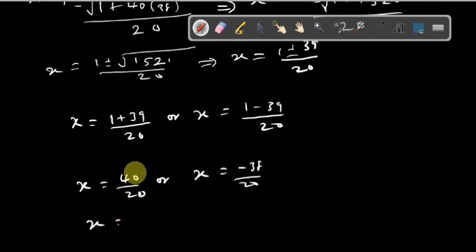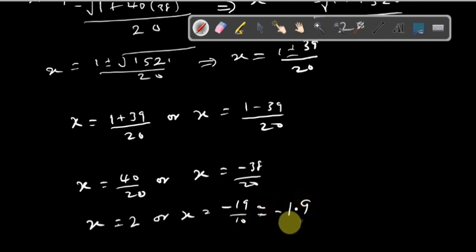So x is equal to, when you divide this, 2, or x is equal to, when you divide this through, minus 19 over 10, or you can also write this as minus 1.9. So these are the values of x.